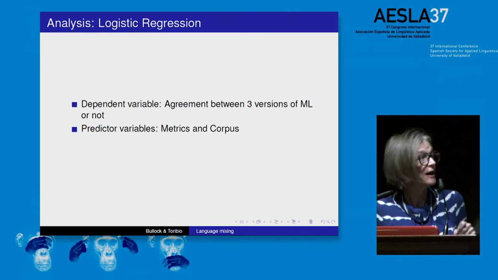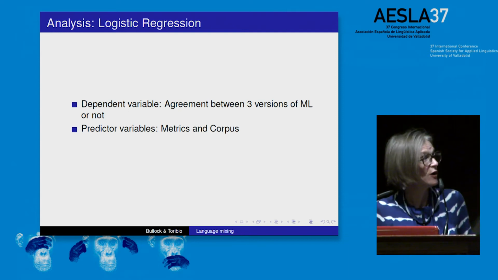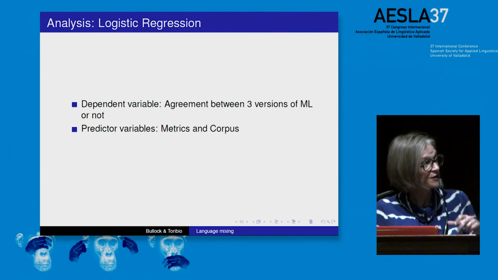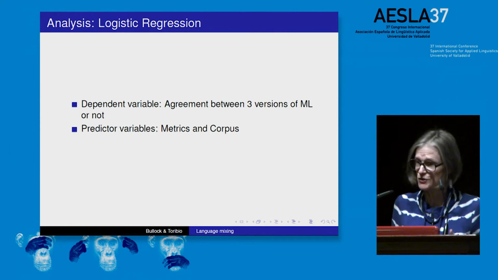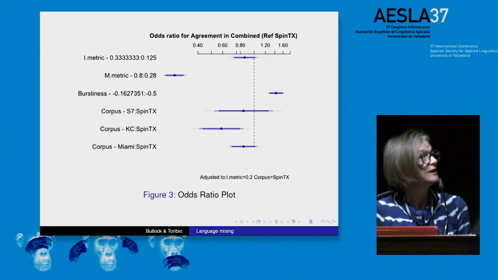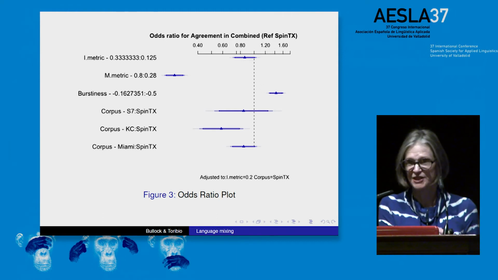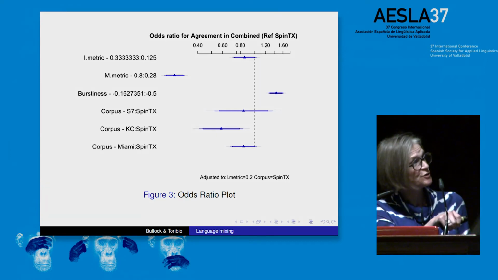Okay, thanks. And so what we wanted to do is find out, do you agree or disagree on the matrix language? And so we threw all this into a regression with the metrics and the corpora as our predictor variables. So here's just the result of the regression. We like to visualize regressions and not show you numbers because we like pictures better than numbers.